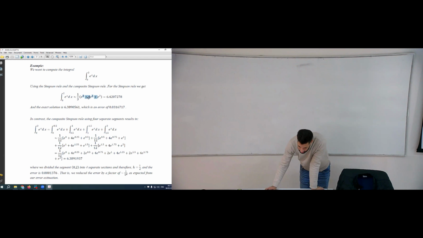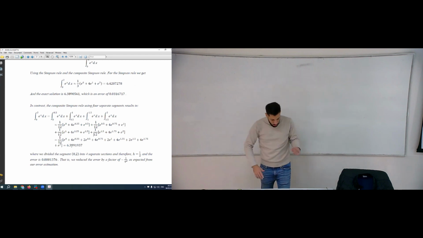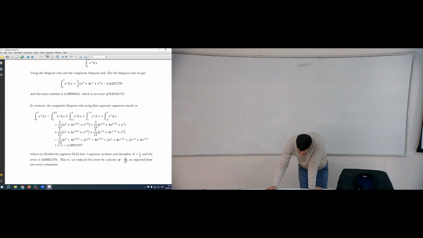So h here equals 1, and h here equals a quarter. So we expect that the error is 1 over 4 to the 4th, and it really is. That's the error when we calculate with h equals 1, and that's the error when we calculate with h equals 1/4.